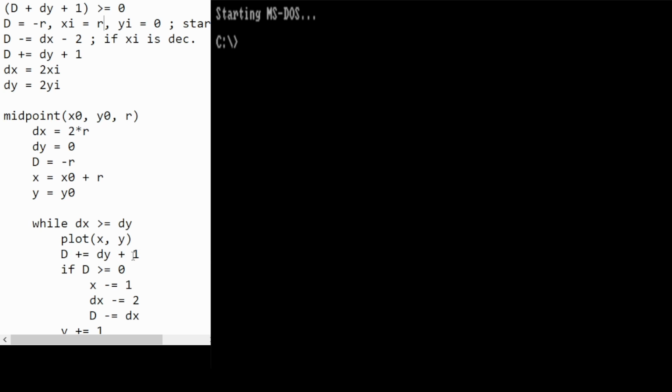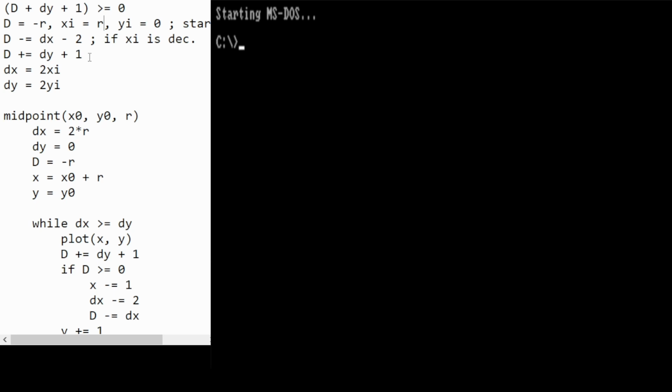We add dy plus 1 to d, and we check whether the result is bigger than or equal to 0. Now it's actually really convenient that we added dy plus 1 to d here, because this is something that we need to do every iteration of the loop anyway. So that actually takes care of that line as well. So that's already dealt with.